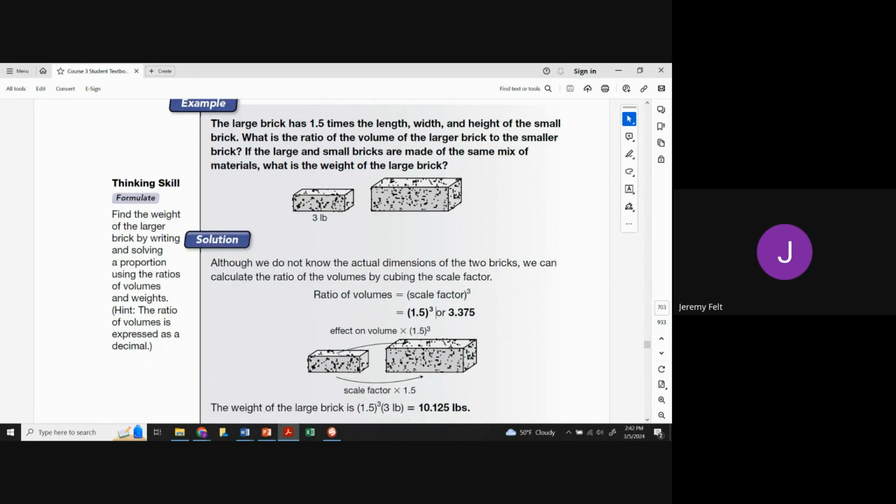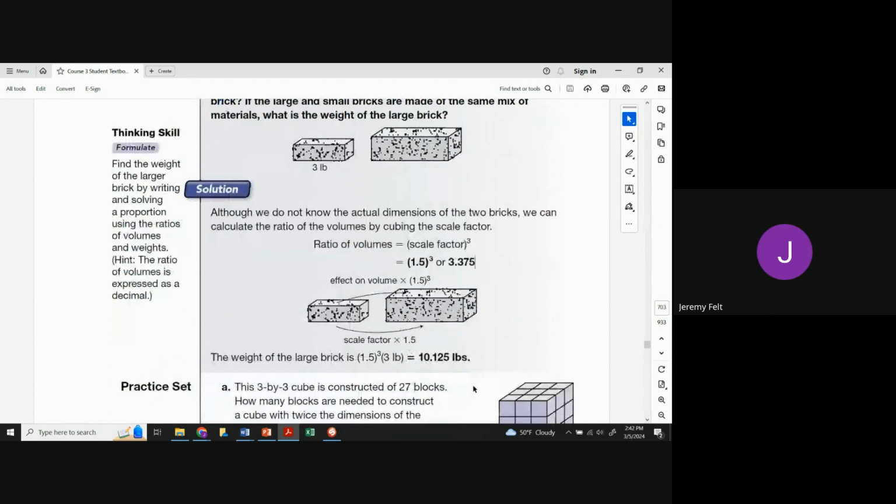The weight, again, assuming it's this much bigger, and we were given the weight of the original, so we're going to multiply this by 3 pounds, because we know it's that many times bigger, and we get 10.125 pounds.